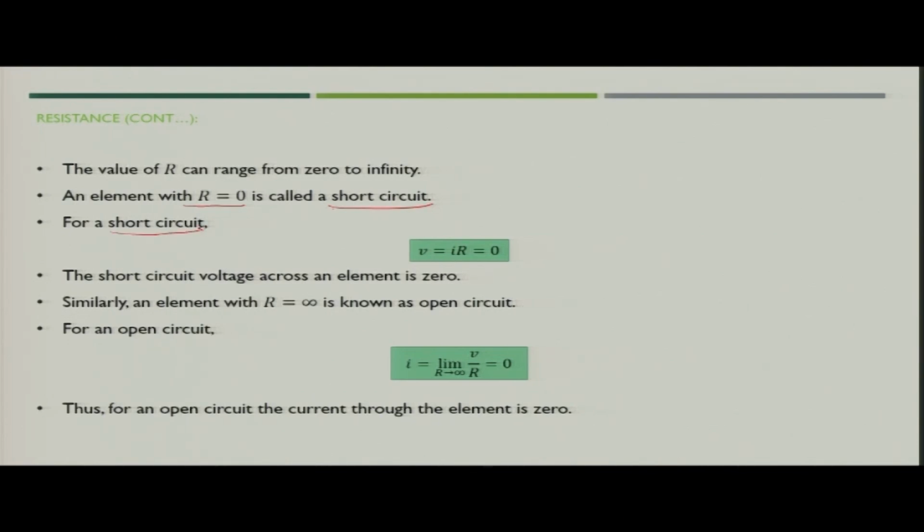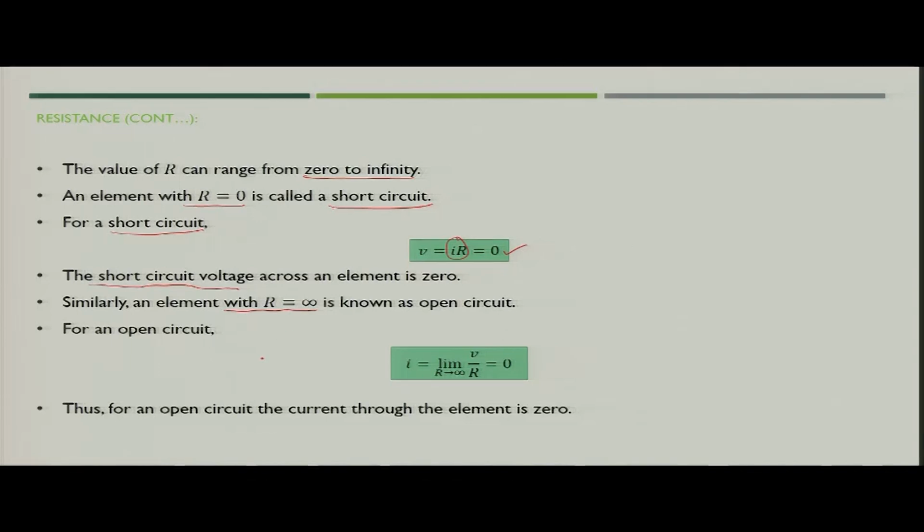So, what will happen under short circuit condition? The value of V, that is IR, will be equal to 0. So, it means that under short circuit condition the voltage across the element would be 0. Similarly, R can range up to infinity.